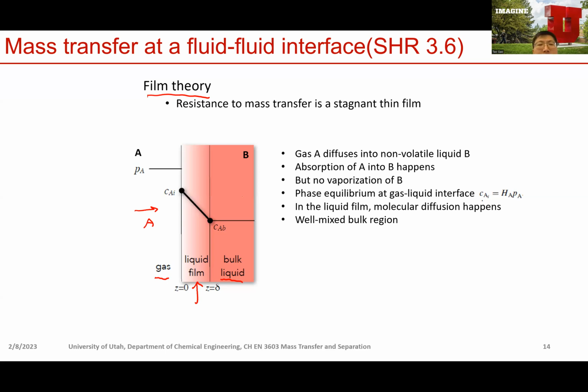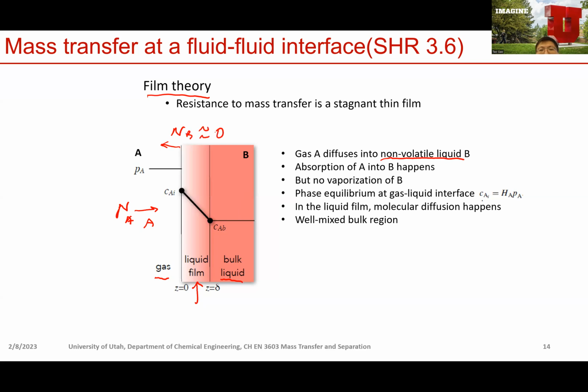So now, in this case, if we assume we have a gas A diffusing into a non-volatile liquid B, right? So we have a flux of A going into B. Meanwhile, since we have a non-volatile liquid B, the flux of B gets out.